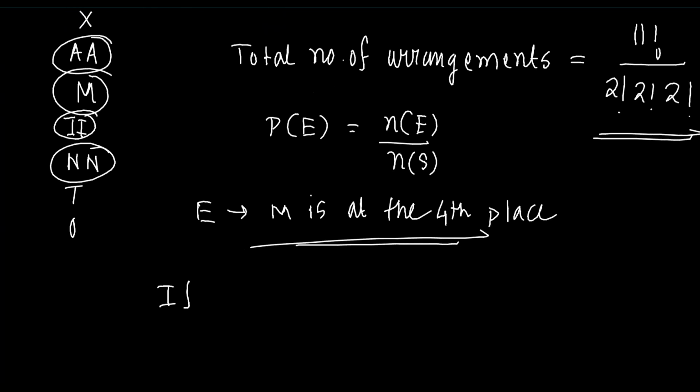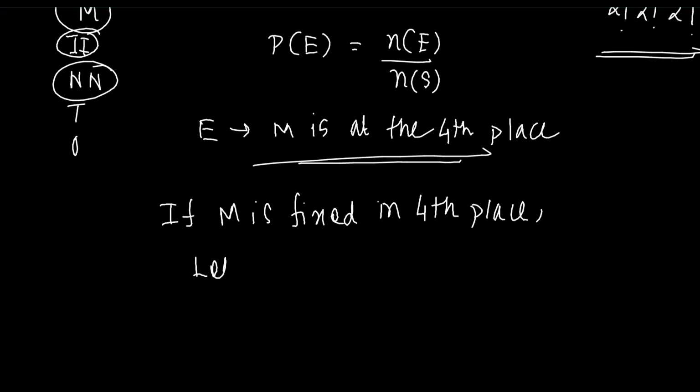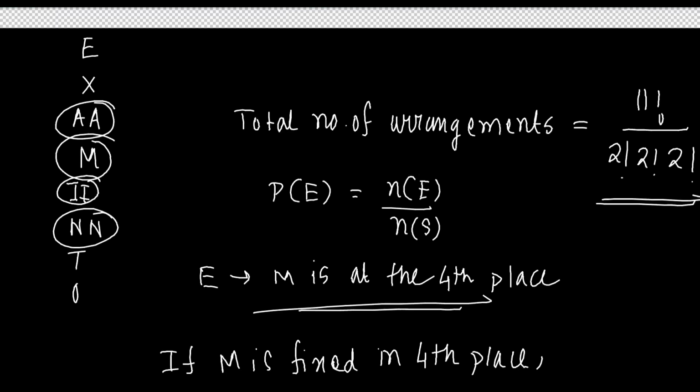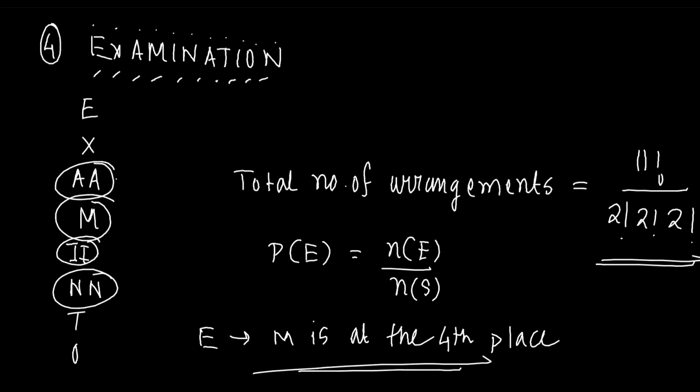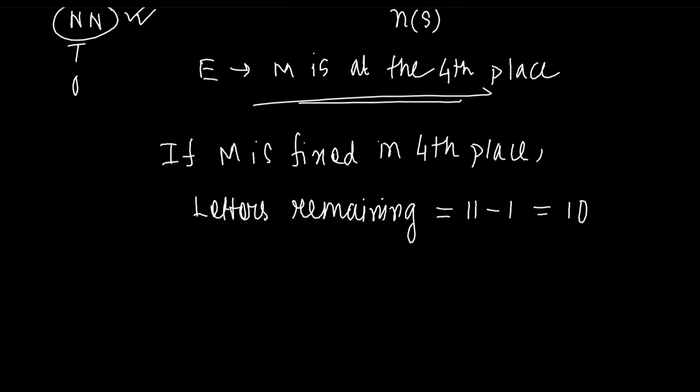Now we can write this one as, if M is fixed in fourth place, so letters remaining is what? 11 minus 1, that is equal to 10. Now in these 10 letters, again A is repeated twice, N is repeated twice, and I is repeated twice. So if M is fixed at the fourth place, the 10 letters can arrange among themselves in what?